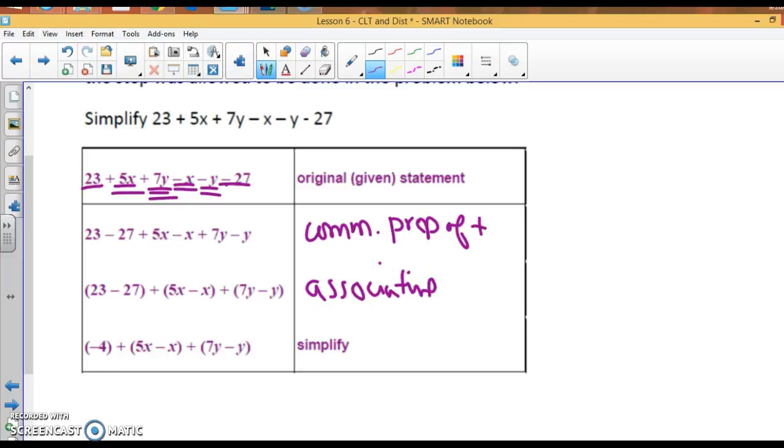And then we just combine like terms. So 23 minus 27 is negative 4. The next one should be 5x minus x. So your final answer would be negative 4, 5x minus x is positive 4x, and 7y minus y is positive 6y. So that would be your final answer. That's what we're really doing in all of these problems.